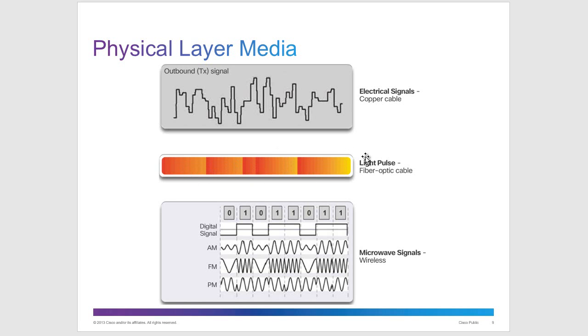So that's what you have running in your fiber optic cabling. And then you have the pattern of microwave transitions, where above a certain threshold would be a 1, below a certain threshold would be a 0 in your microwave signals. So you can see how a digital signal would compare against the AM, FM, and PM signal with your microwave signals here. Okay.